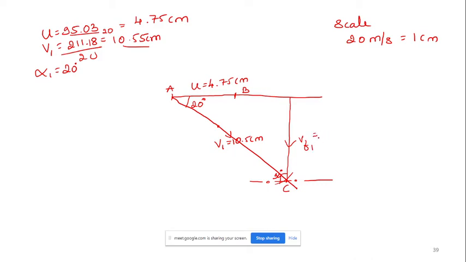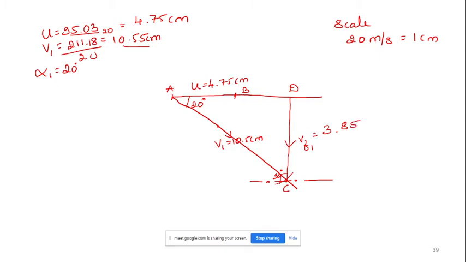Can you tell me how much it measures? 3.9 centimeter. 3.85. 3.9, sir.